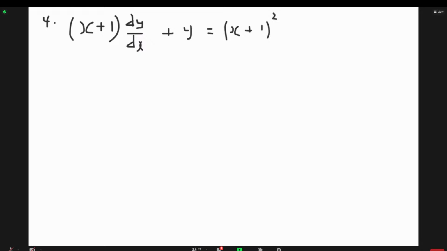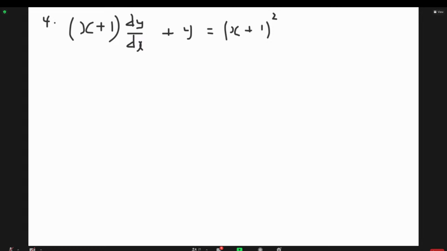Right. Don't forget, it must be in the form dy dx plus py equals q, which means that we have to get rid of this x plus 1 here. So that's the first thing that we will do.